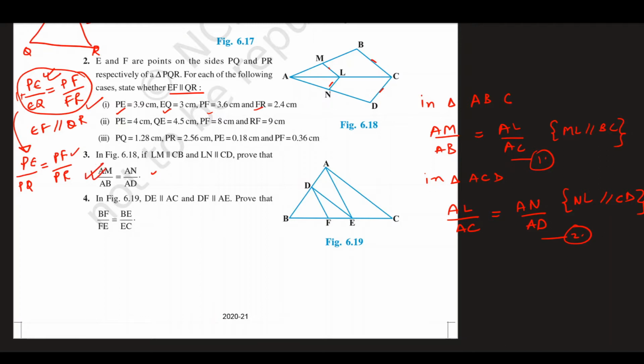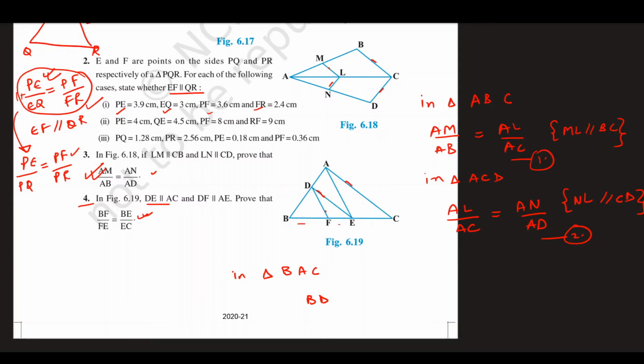So in question 4, we have DE is parallel to AC and DF parallel to AE, and we have to prove this result. So in this question, first look at triangle BAC. What is the final result we have to prove?